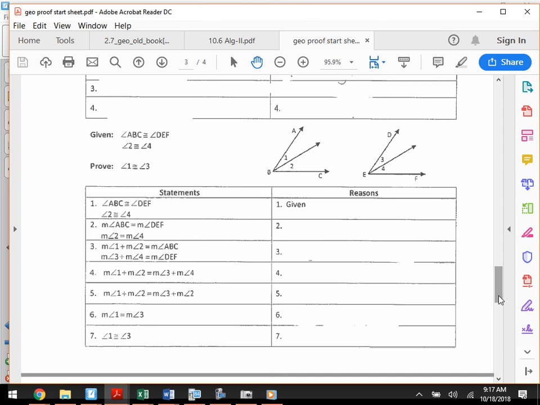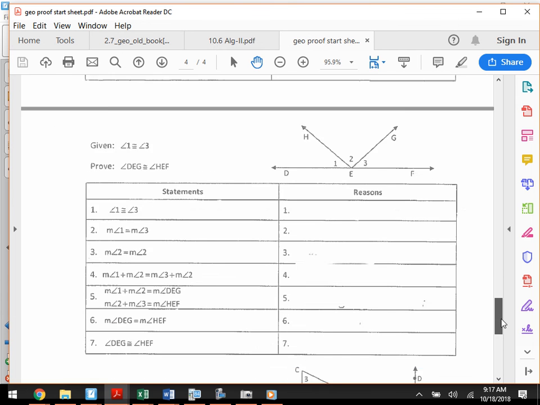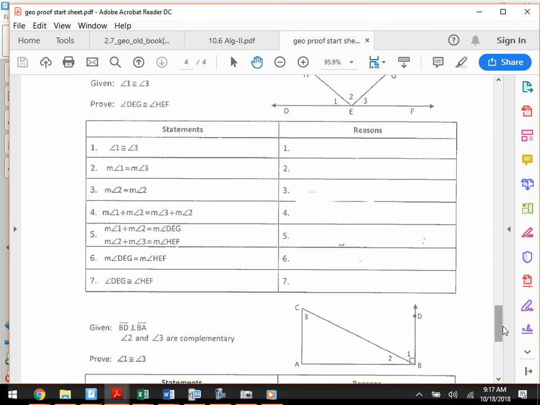This one is on the bottom of the 3rd page. And this one's on the top of the 4th page. We haven't done those two.